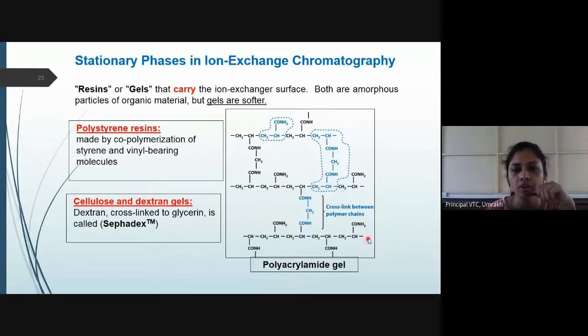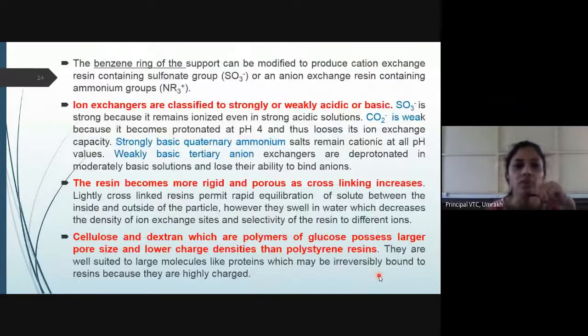As we can see, there is cross-linking between polymer chains. This first chain is cross-linked to this chain through polymerization. This one is a polyacrylamide gel, which is used in ion exchange chromatography.